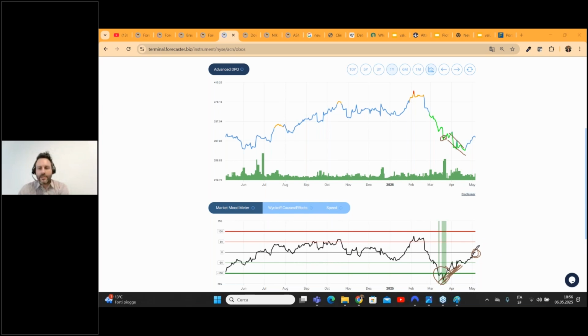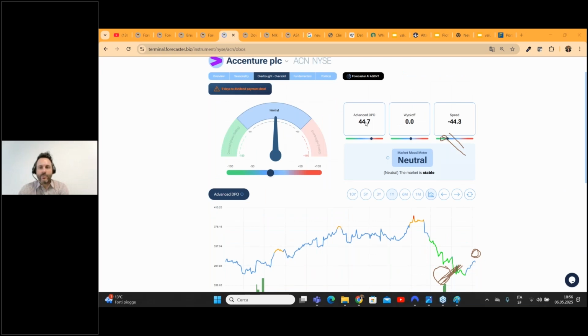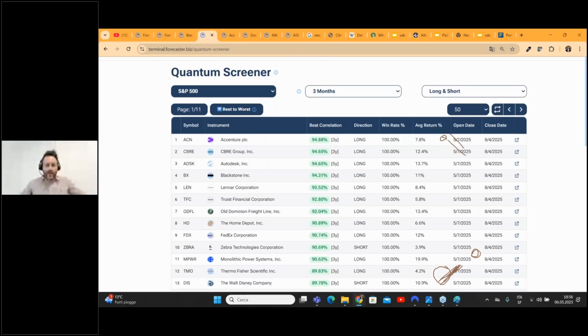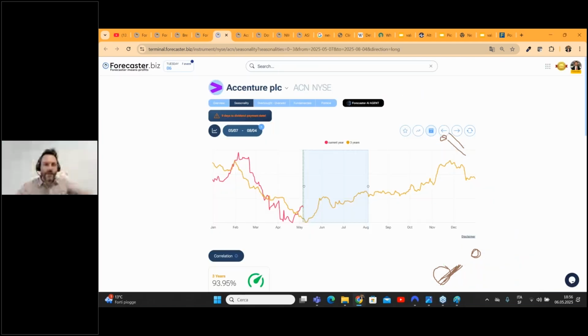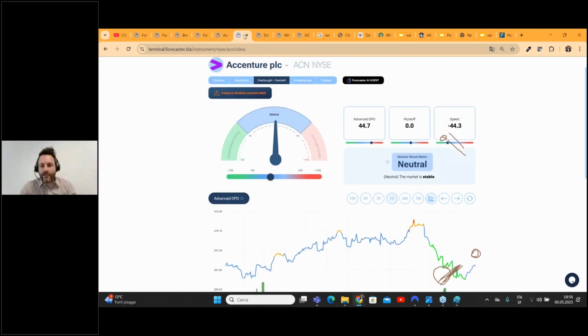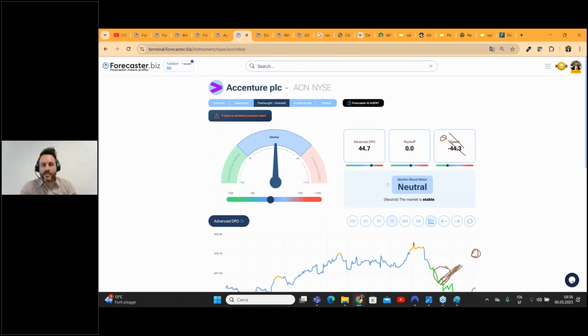Okay. So in this case, we can definitely say, yes, seasonality is telling us that we have an opportunity, and we put on another pair of lenses, another lens, and we do another kind of analysis. And as you can see, the overbought and oversold is saying that we have an upside opportunity.